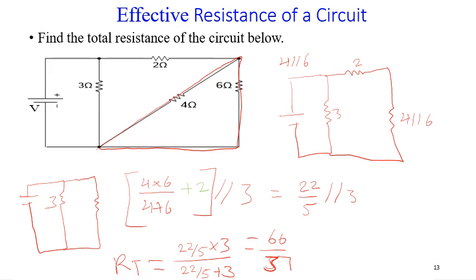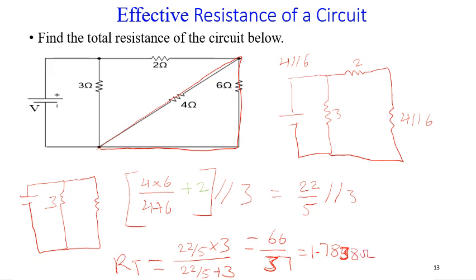This becomes our final answer, RT, which is equal to, if I want, I can leave it in decimal places, 1.7838 ohms.